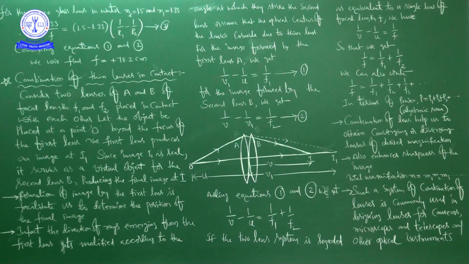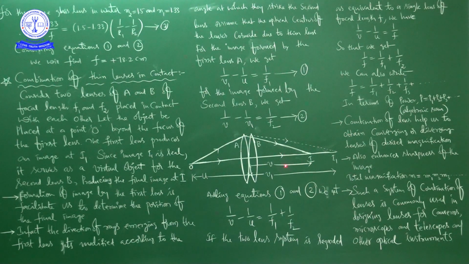And as we know already, U is the distance of the object from the optic center. See the red line, that is the optic center, right? Because the thickness of these two lenses is very small, we assumed that the optical centers of the two lenses coincide with each other, right? And V1 is the image distance regarding lens A, the first lens, but the final image is I, no?